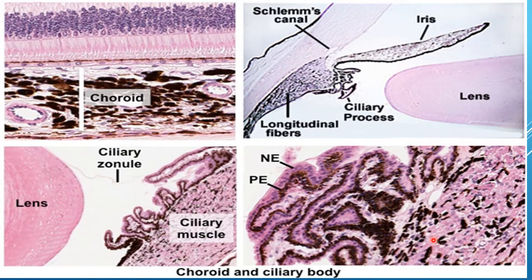Definitely it has collagen fibers, fibroblasts, melanocytes, and the ciliary muscles. You have seen there are 3 groups of ciliary muscles as well. So these are the histological H&E stained slides showing you this.